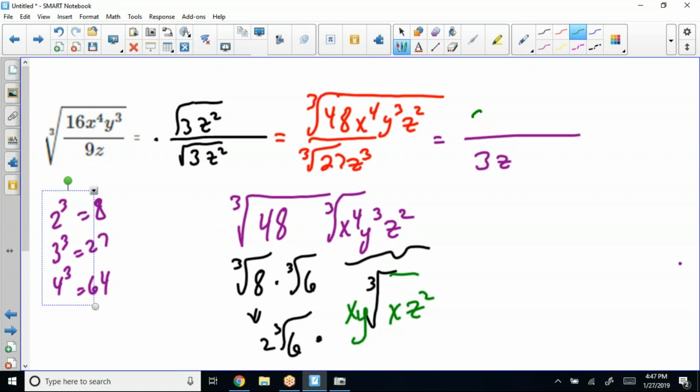So what I've got sitting up here is 2xy cube root of 6xz squared. And I can't simplify the numbers on the outside, and I can't simplify the variables on the outside, and I'm done simplifying my cube root. So this would be your answer.